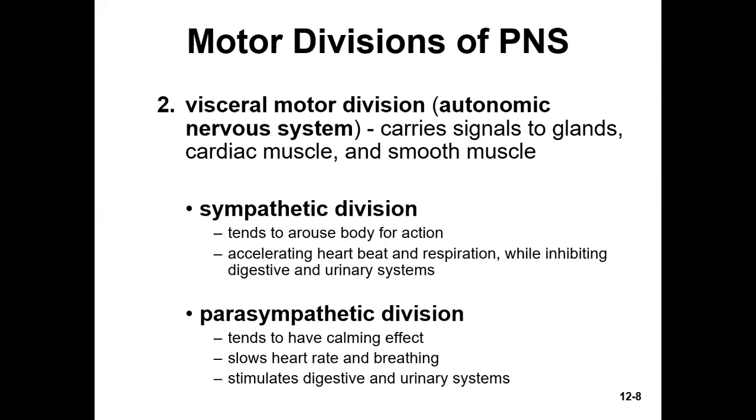This part of the nervous system will allow an organ, such as the heart, we'll talk about the heart, the ability to beat faster. You will breathe faster when this part of the nervous system is hypertoned. But this part of the nervous system will also inhibit digestion and urinary functions. So I want you to think about that.